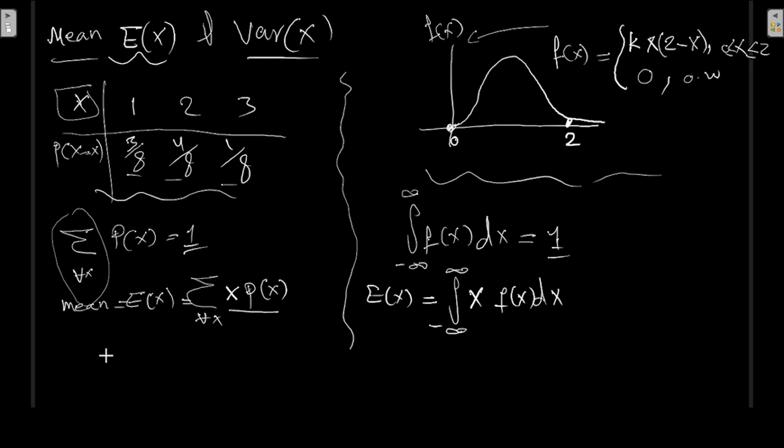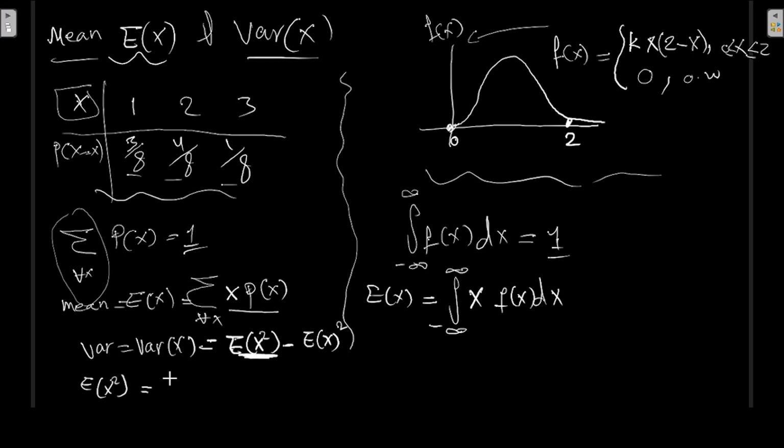And finally, if you want to get the variance, we said that is equal to the expected value of x squared, minus the expected value of x, all squared. So you get the expected value of x and then you square. But the question is, what is the expected value of x squared?